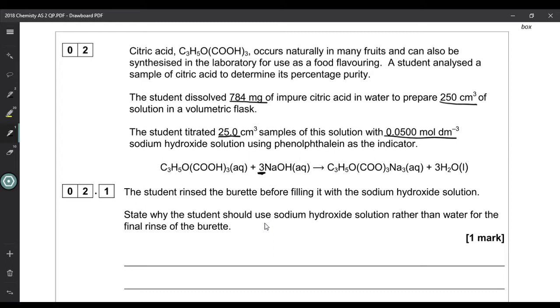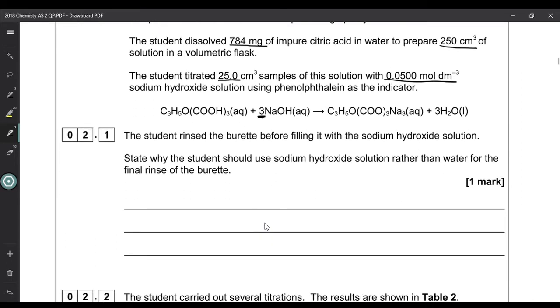Part 1 says the student rinsed the burette before filling with sodium hydroxide solution. State why the student should use sodium hydroxide solution rather than water for the final rinse of the burette. Now, this is an example from the examiner's report where they said that students need to understand why they carried out certain things, not just did it.